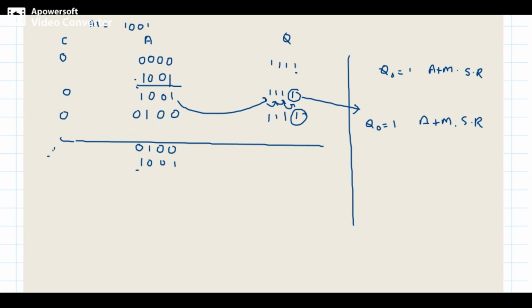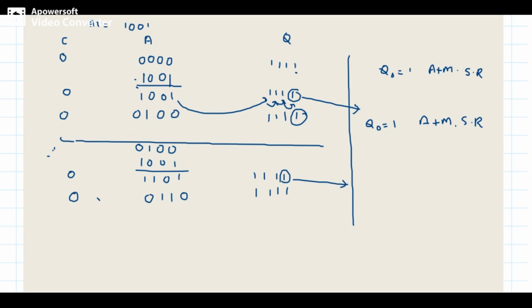So I will get the partial product sum as 1 0 1 1, carry is 0, and this is 1 1 1 1. After that we shift it right by 1 position, so this last bit is omitted, and I start writing from the previous bit: 1 1 1 1, and this is 0 1 1 0, and carry is also 0. So this completes the second cycle.